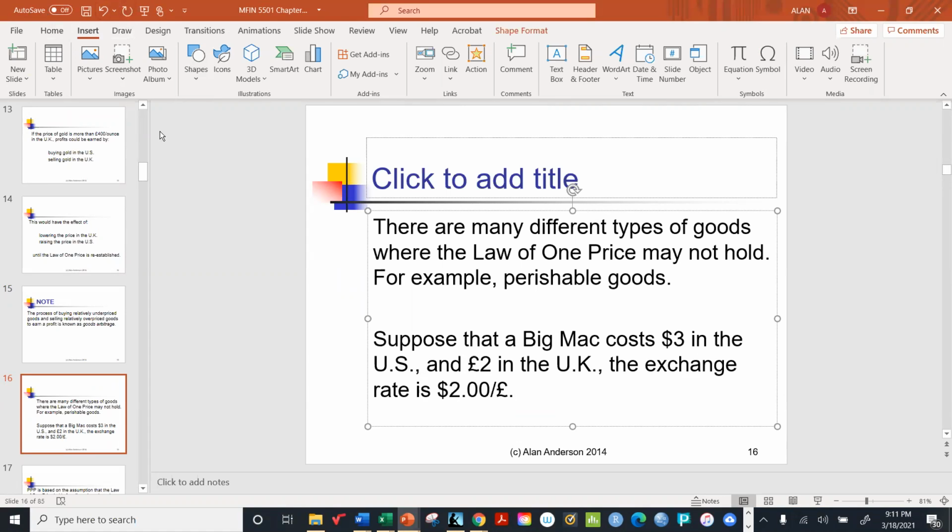Okay, well, you know what this means then? It means that the law of one price does not hold.